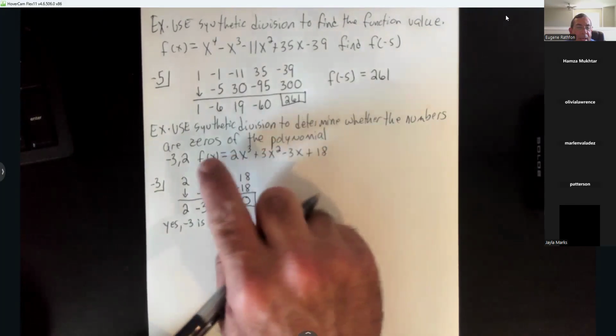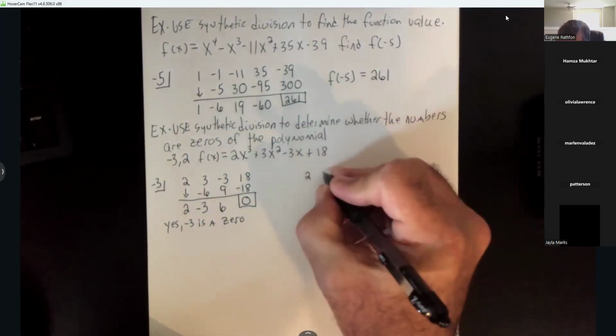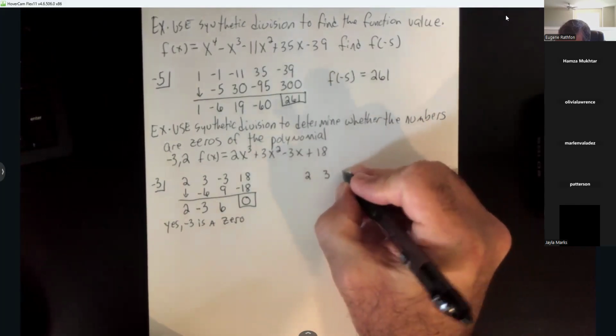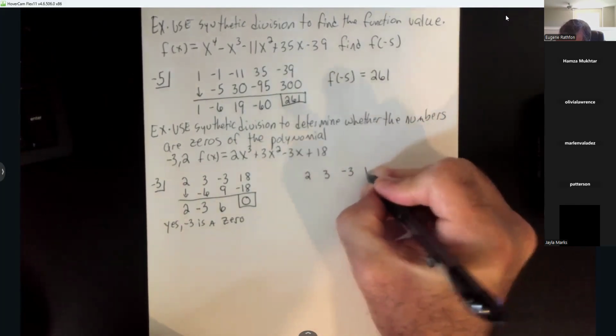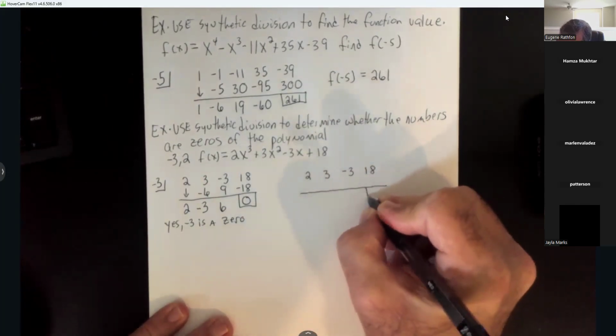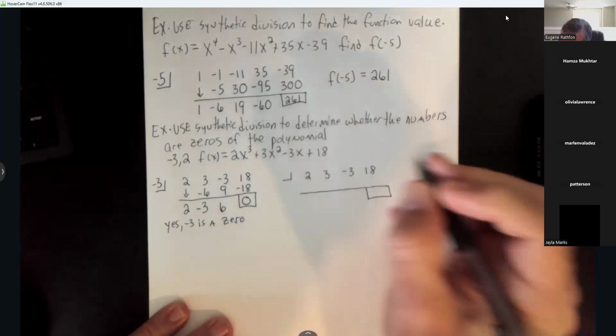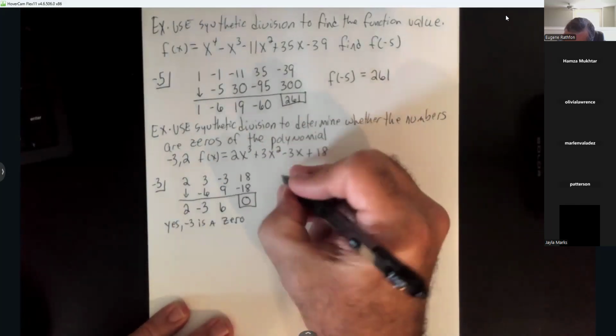So we're going to check 2 now. So my coefficients are the same. 2, 3, -3, 18. All right, y'all, this time you're checking a +2.